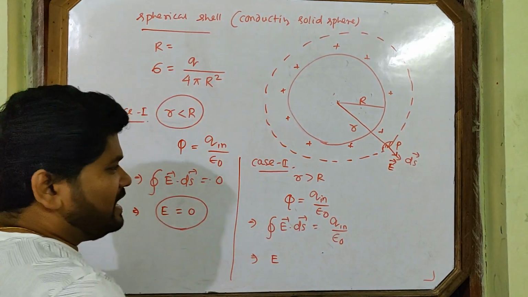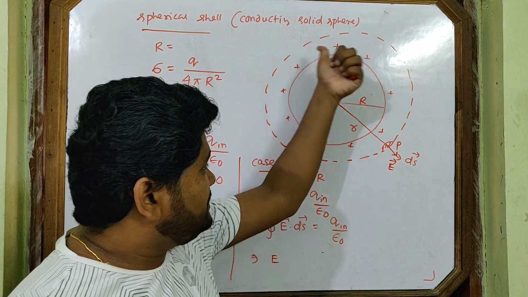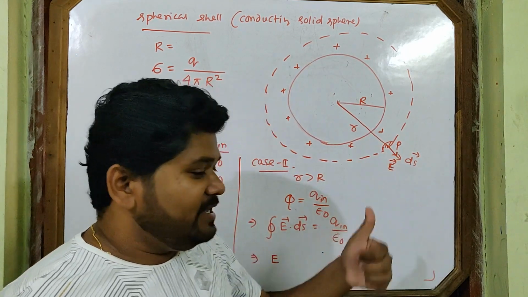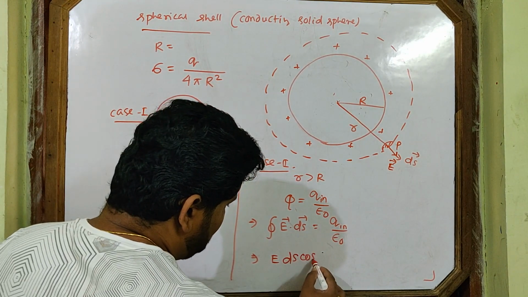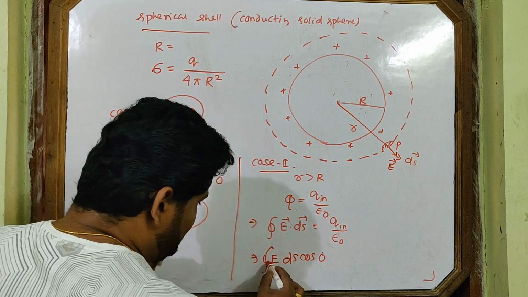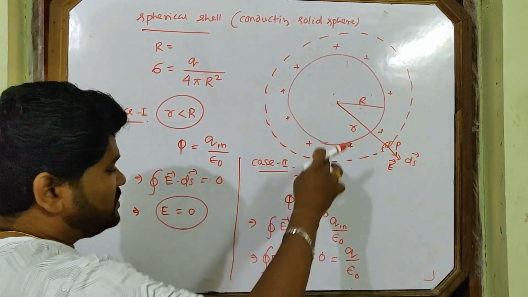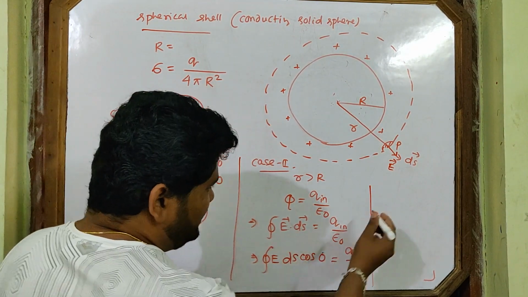Both the electric field and the area vector will be in the same direction. This is a sphere, so the electric field will be radially outward, and ds is also radially outward. For the angle between them, E ds cos 0. Everywhere the angle is 0, and the whole charge Q is enclosed inside it.